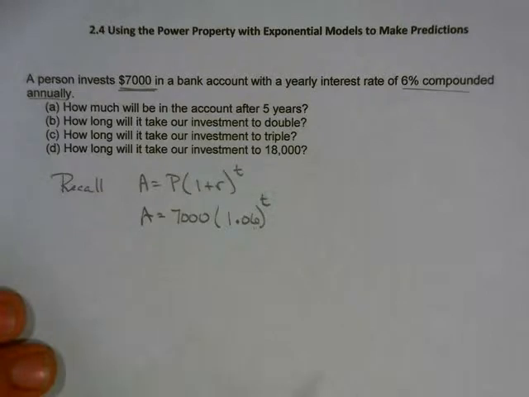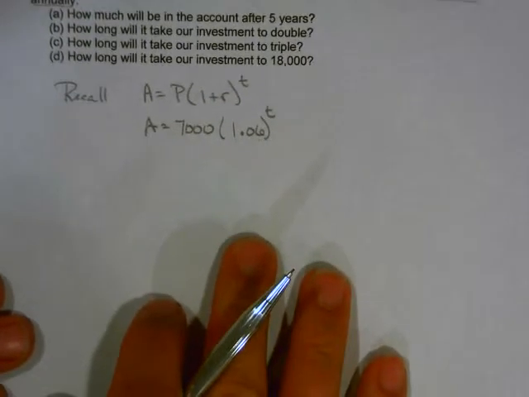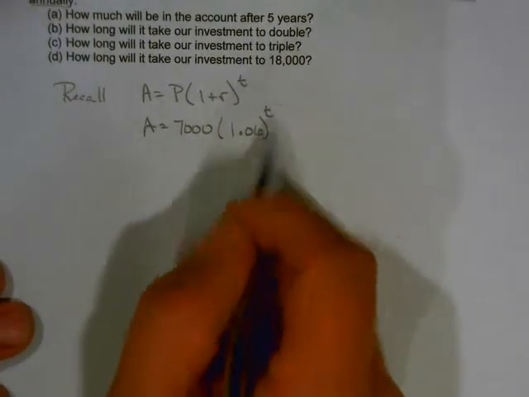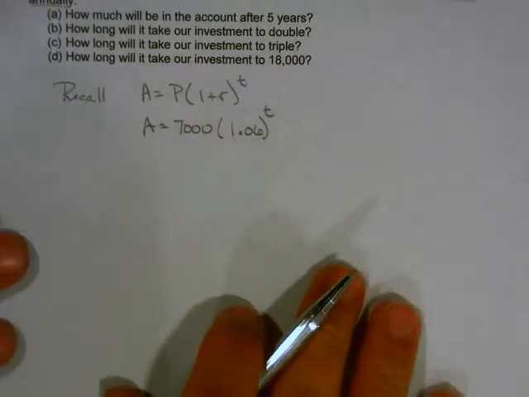This is an exponential growth, because the base is greater than 1, our money is increasing.